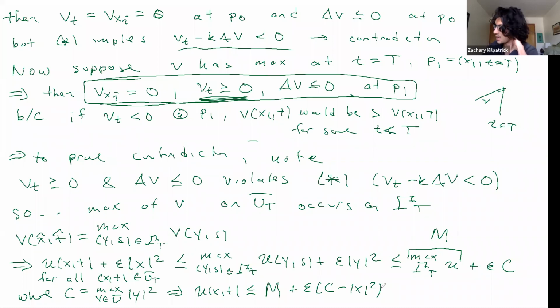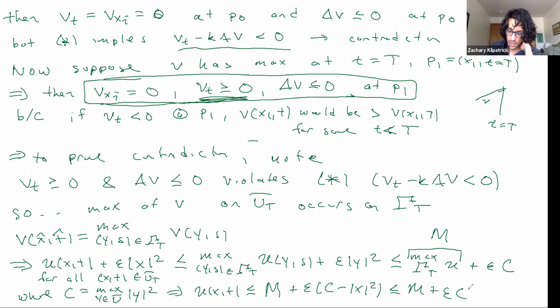And because this thing is always going to be subtractive, this is less than or equal to m plus epsilon c.